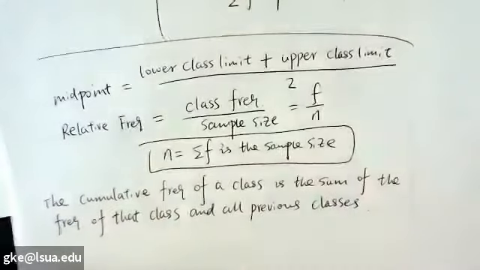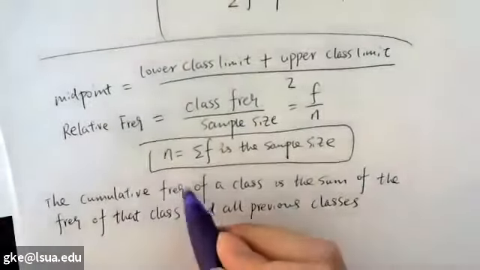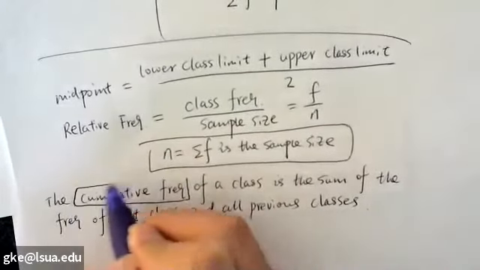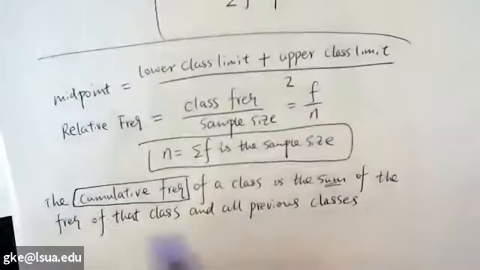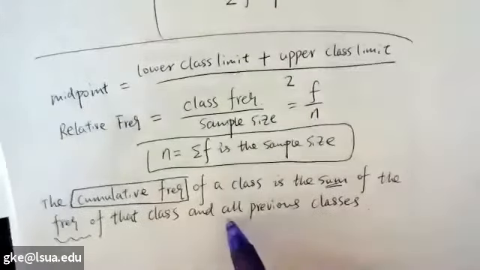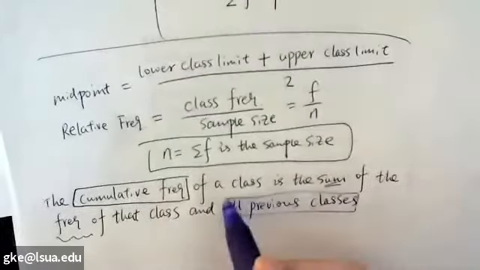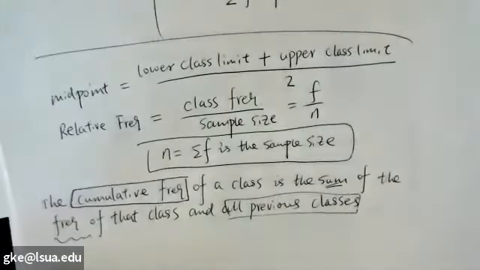Okay, so be careful. Here's another definition for the frequency, and we call it cumulative frequency, and that is the summation of the frequency in the class and the previous classes.